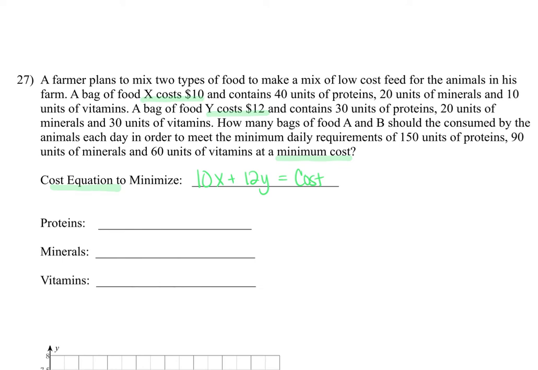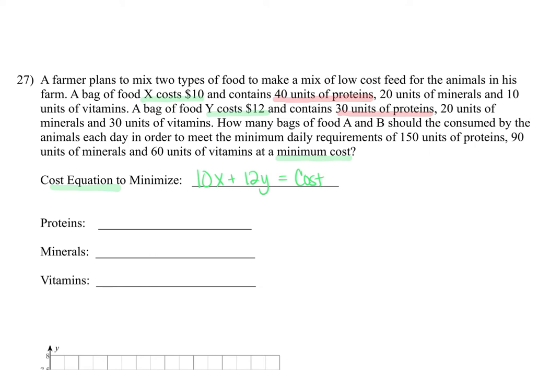My limitations, if you read through it, are that he has a minimum daily requirement of proteins, minerals, and vitamins. That's why this has proteins, minerals, and vitamins set up. I'm going to look first at proteins, and look at everything that has to do with proteins. I have 40 units of proteins in that food and 30 units of proteins in this food.